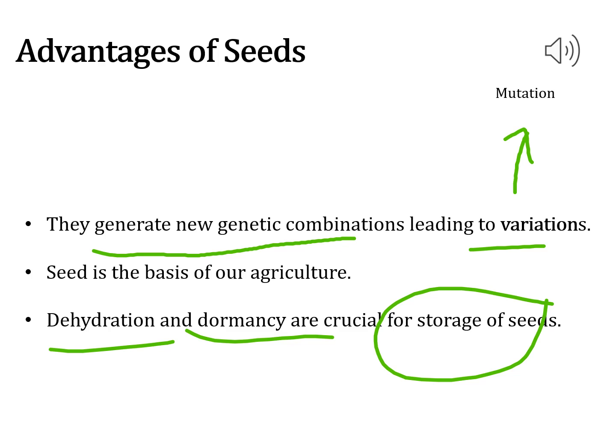Fourth, the hard seed coat protects the young embryo. Fifth, being products of sexual reproduction, they generate new genetic combinations leading to variation. And the last point: dehydration and dormancy of mature seeds are crucial for storage of seeds. They can be used as food throughout the year and also to raise crops in the next season.